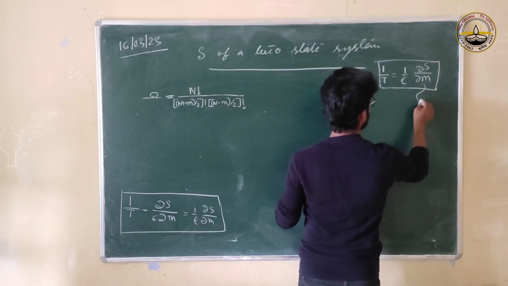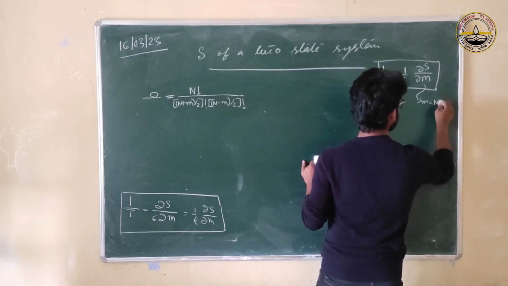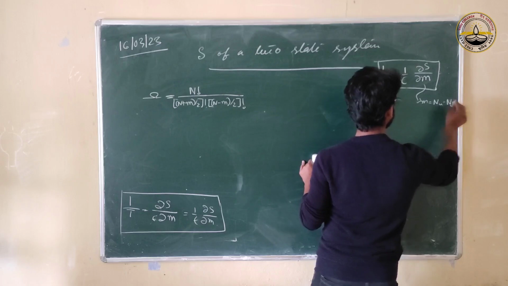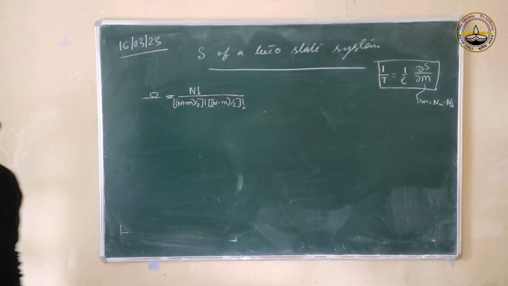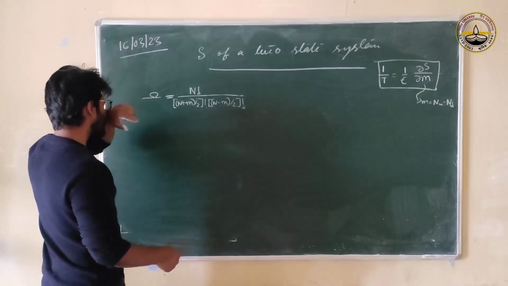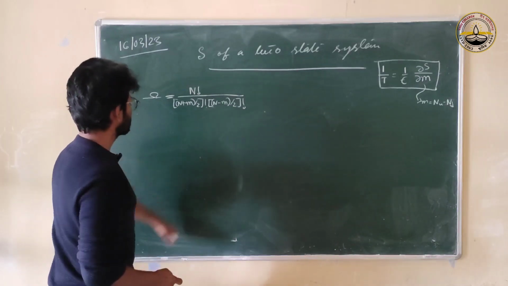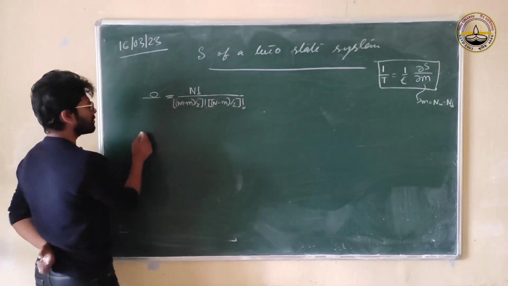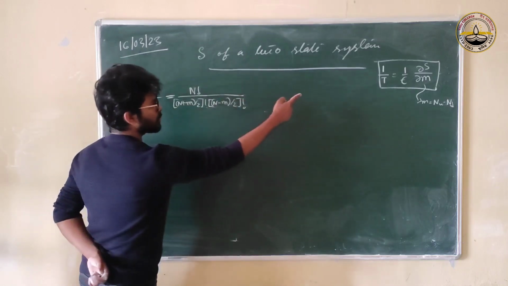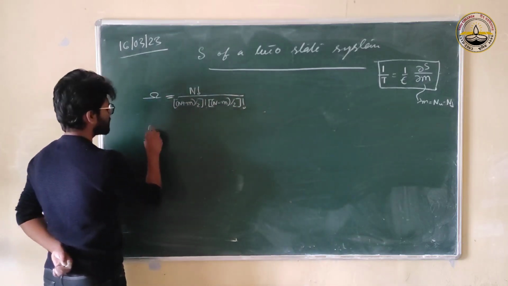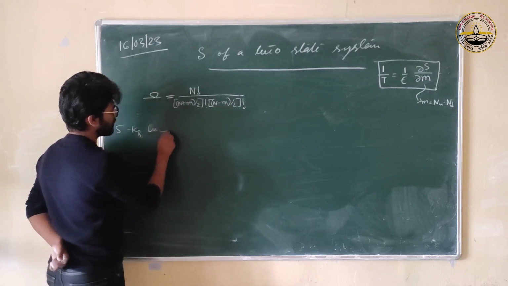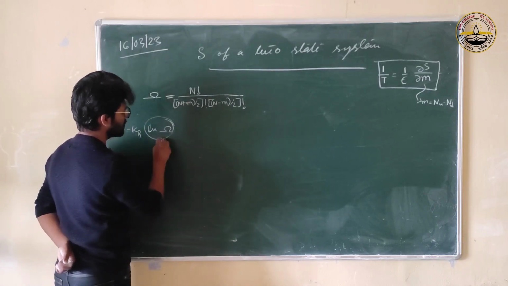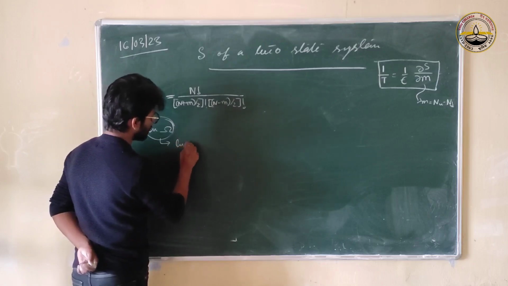And remember, M equal to N up minus N down. Let me do it once again because I need it in a convenient form that is helpful for me. So I'm going to of course calculate S, and S equal to k_B ln omega, so I need ln omega. So let's calculate ln omega.